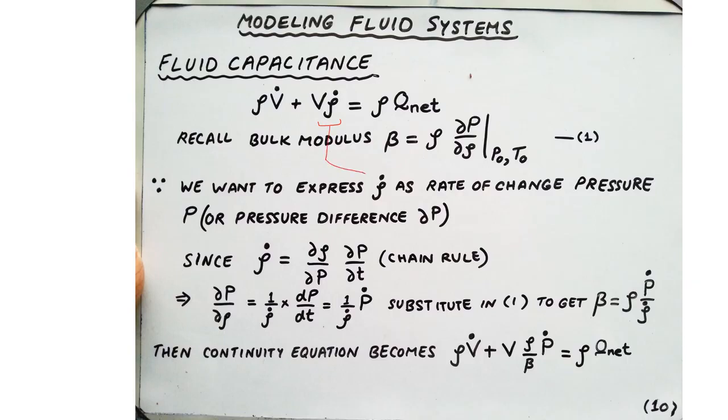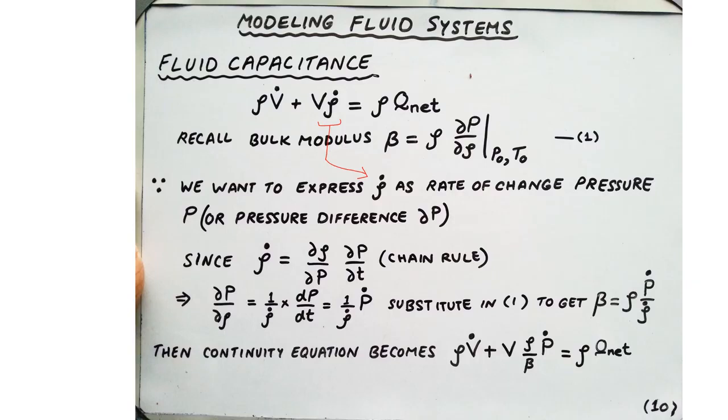So we need to express rho dot in terms of an important property of the fluid that represents the rate of change of the density. That's where we need to think about the compressibility of the fluid. Because if the density is changing, that essentially points to the fact that the fluid under consideration is either being compressed or released, uncompressed.